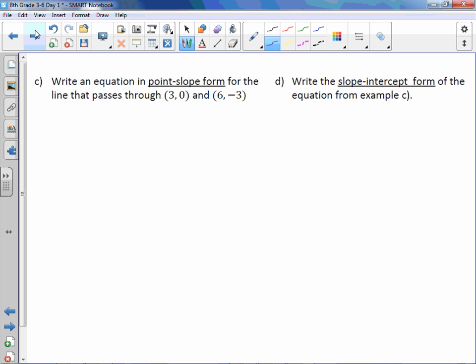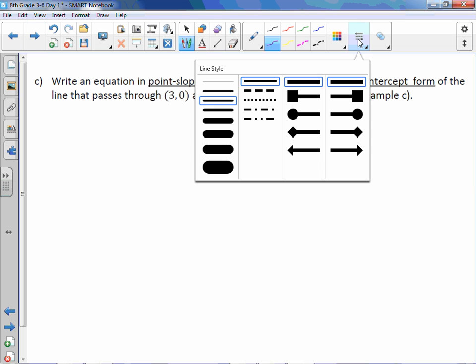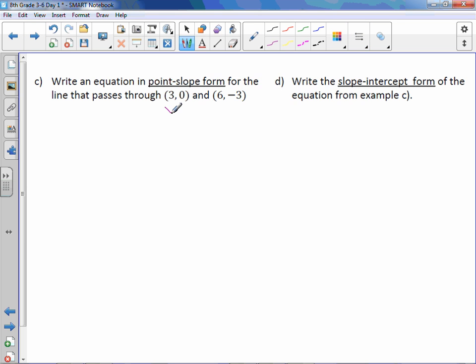Letter C, write an equation in point slope form for the line that passes through (3, 0) and (6, -3). So we're going to label x1, y1, and x2, y2. And our first step is finding the slope. M equals y2 minus y1 over x2 minus x1.